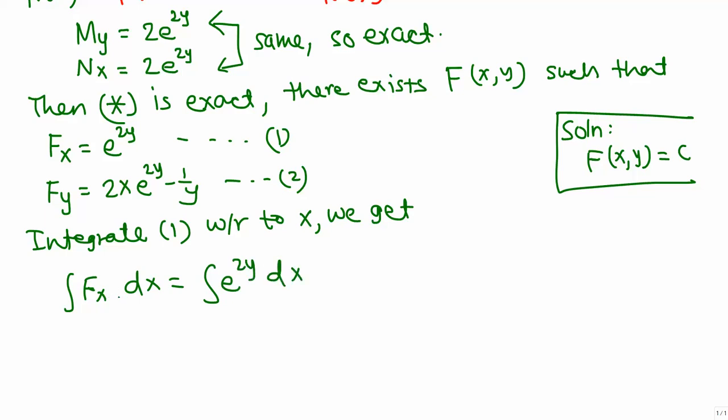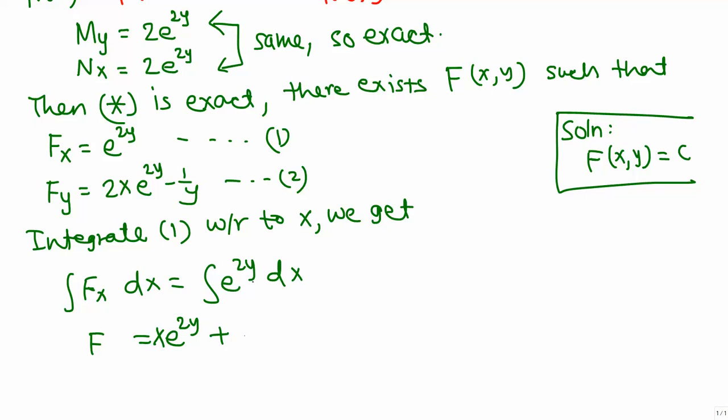This is just the derivative of f with respect to x, so this will be just the function f. Now, e^(2y), a function of y, behaves like a constant, so e^(2y) times 1 dx, and the integral of 1 is just x, so times x, plus a constant of integration.